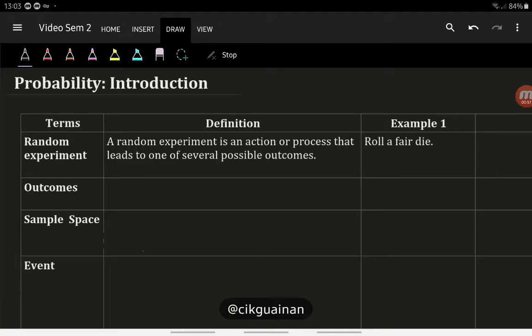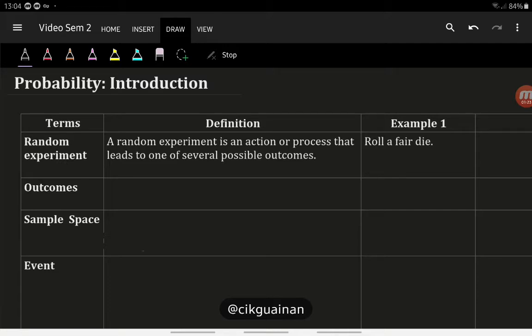If it's fair, then it is equally possible to get each one of the faces. It has numbers 1 until 6, so the probability of getting 1, 2, 3, 4, 5 and 6 are all equally likely. The probability of getting 1 or 2 or 3 or 4 or 5 or 6 is the same.